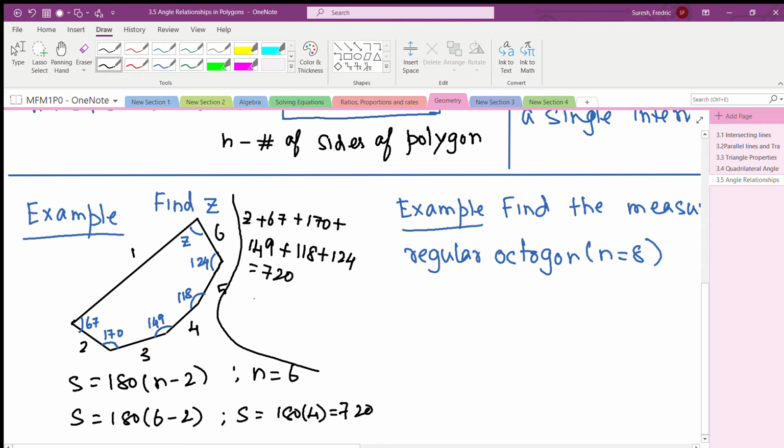Just like before, we have to add all the numbers here, the 67, 170, and so on. I get 628. And 628 would equal 720. Now subtracting 628 on both sides, I find Z equals 92.